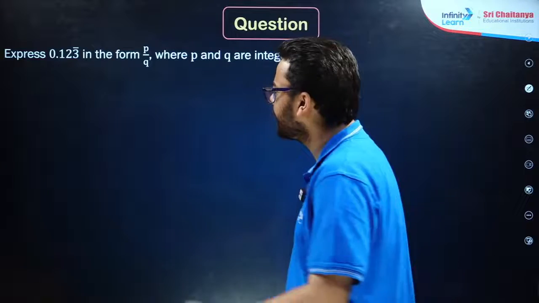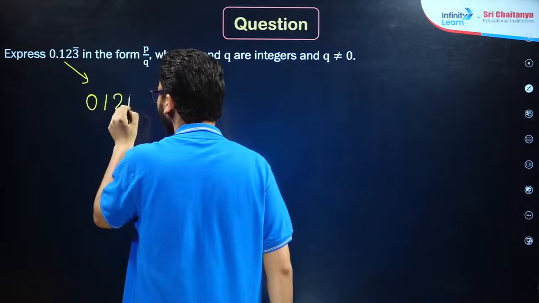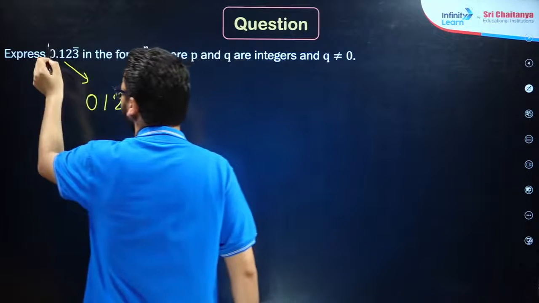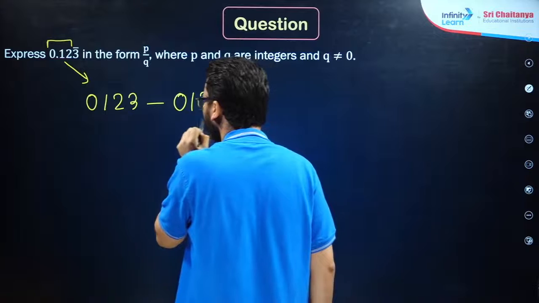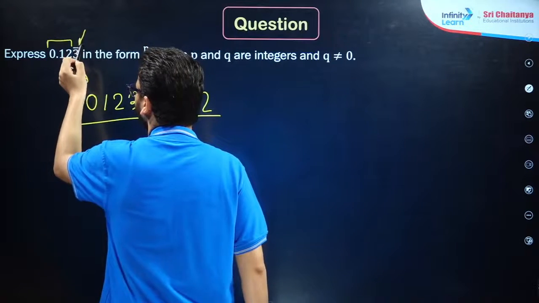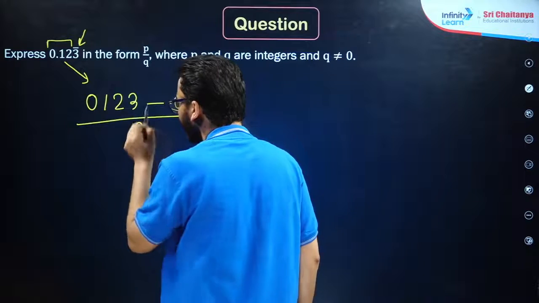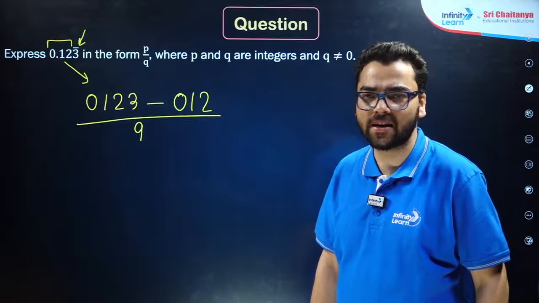So again, the same thing, you have to write the complete number 0, 1, 2, 3 minus the number on which bar is not there. So you will get 0, 1, 2 over here, divided by, there is only one digit on which bar is there, so 9 will come.